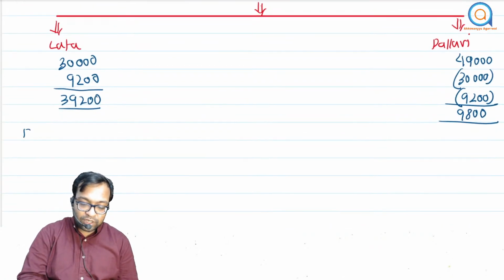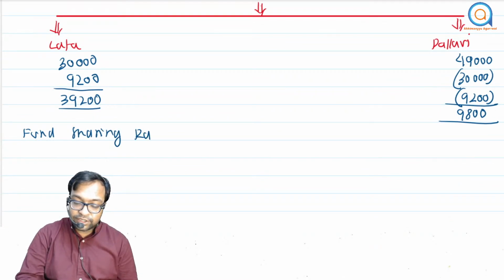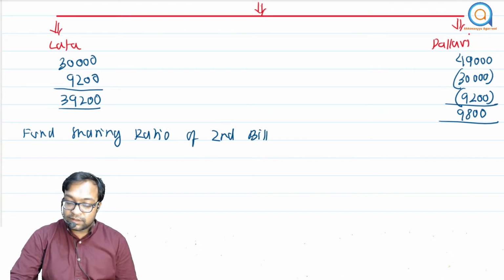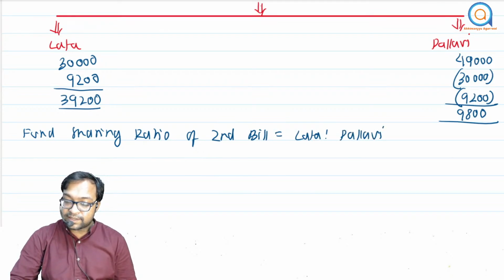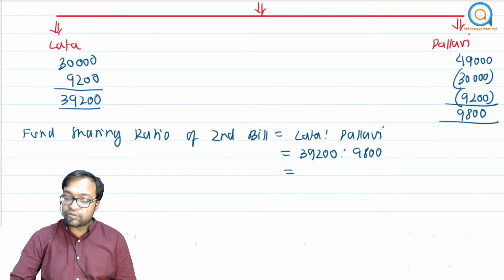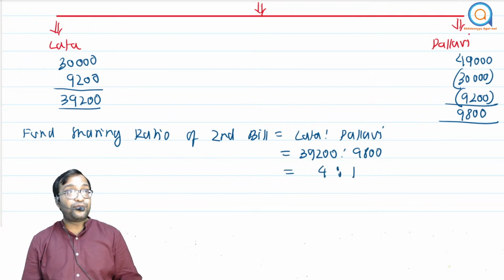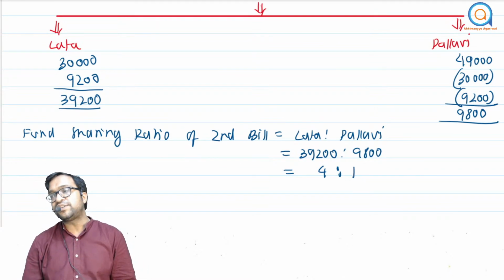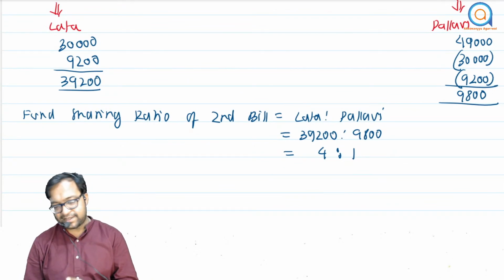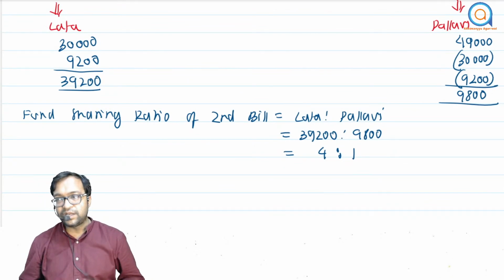So if I ask you what is the fund sharing ratio of the second bill, that is Lata is to Pallavi, 39,200 is to 9,800, 8 times 12 into 4. So this comes out to be 4:1. So the fund sharing ratio in the second bill is 4:1. This is the way I do the working. I think this is the easiest form. You will understand better from here.